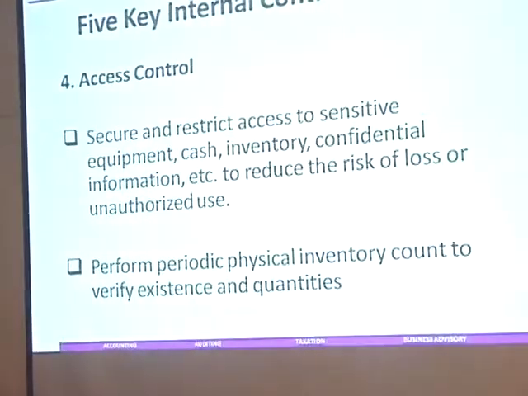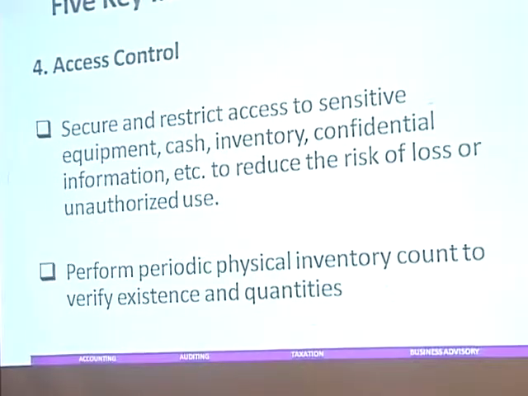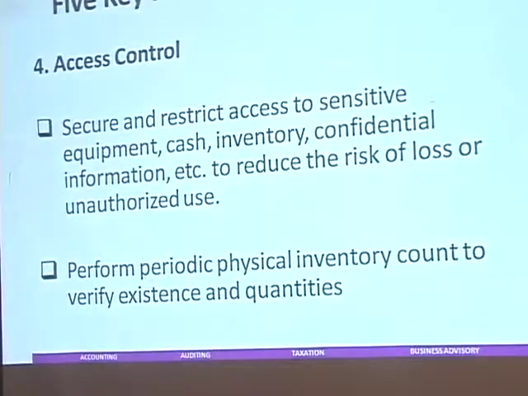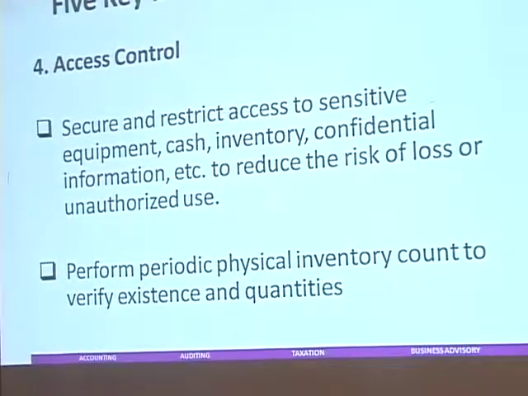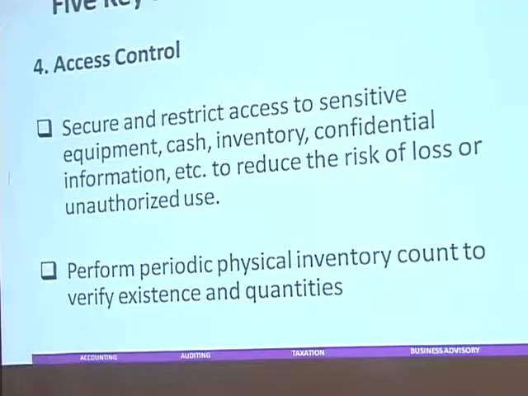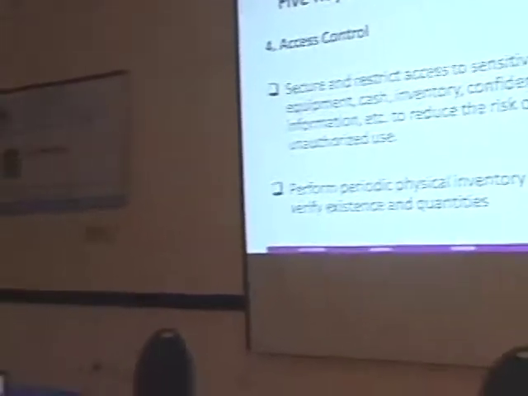Now, access control. This is also very important because we need to secure and restrict access to sensitive equipment, cash, inventory, and confidential information. And confidential information is so important. It's a very valuable asset, right? Take for example somebody who is in a beauty salon business or hair products, right?